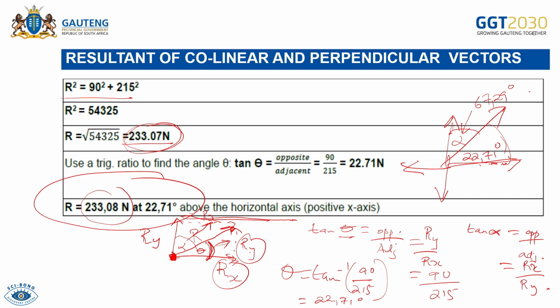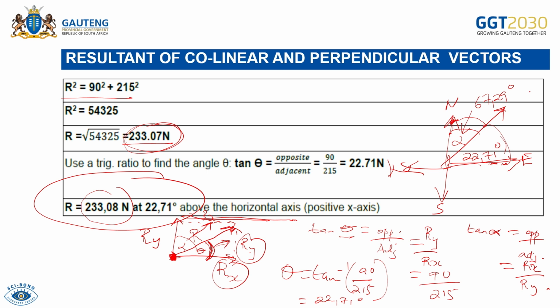Or you can use bearing. For bearing, remember this is the force. Here, what is the angle? It is 67.29. So from north, this is east, this is south, this is west. You have north here, which is 0 degrees.